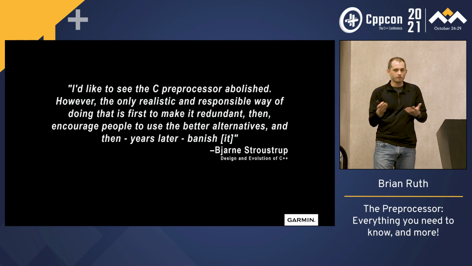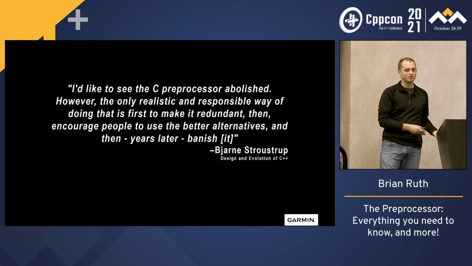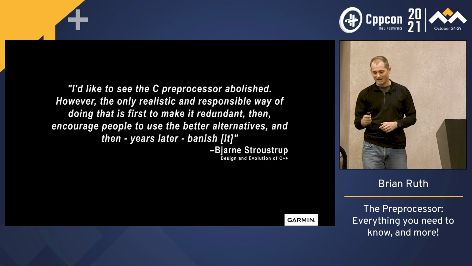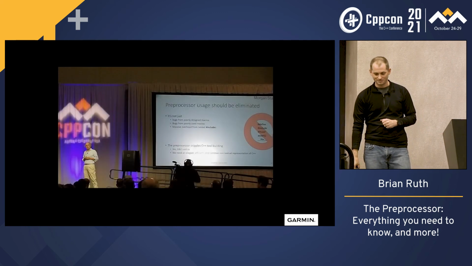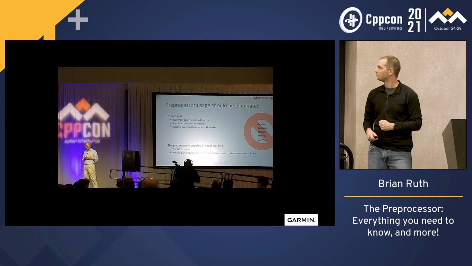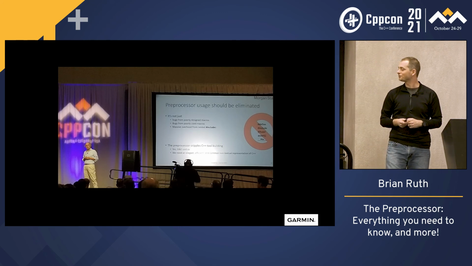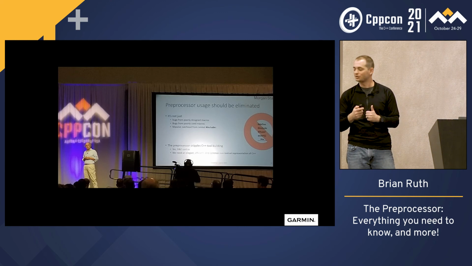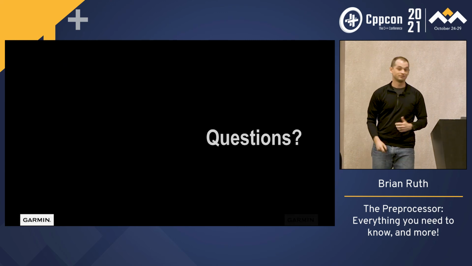But there are still uses for it, and people are still going to be using it for many years to come. And Bjarne doubled down on it this year too. It was kind of cool that I saw he's like, yes, I still don't like the preprocessor. So, cool. With that, anybody have any questions?